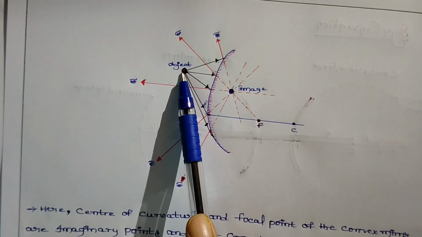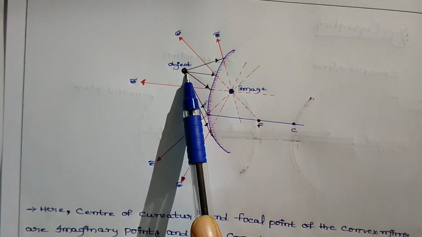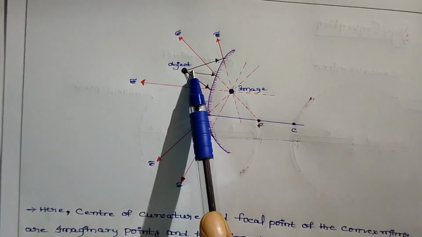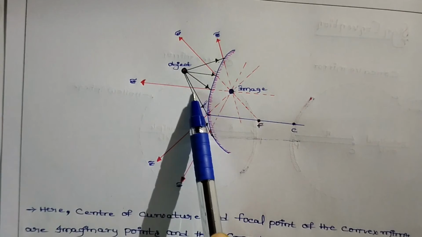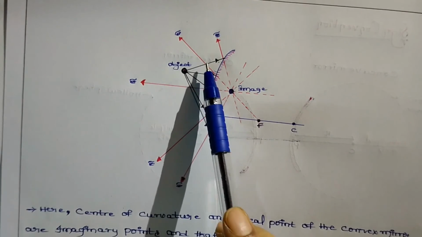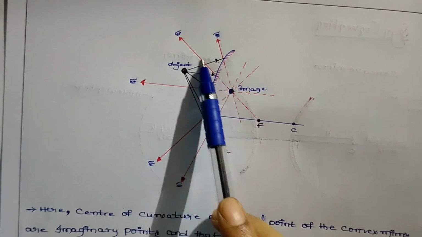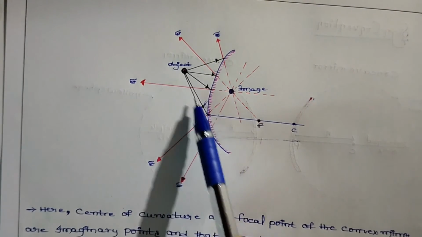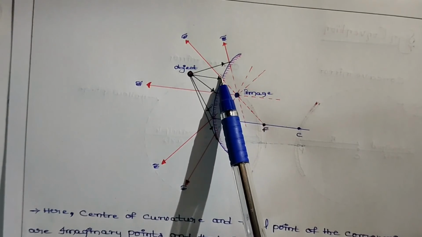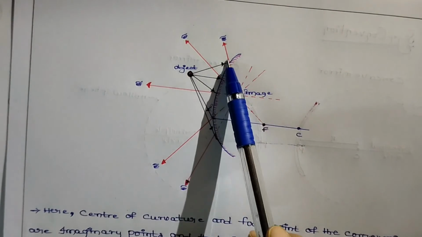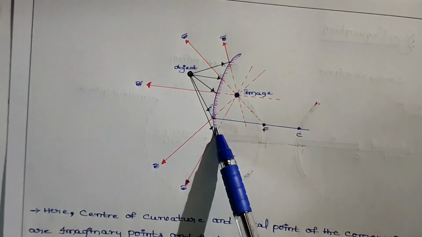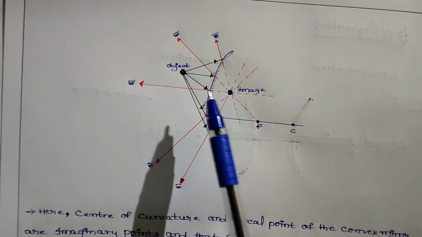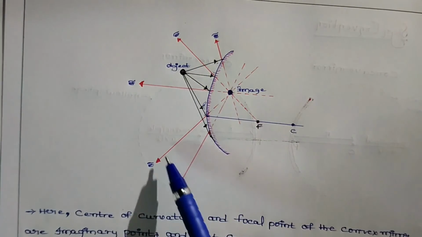light rays originating at the object location are shown approaching and subsequently reflecting from the mirror surface. These are the observers.